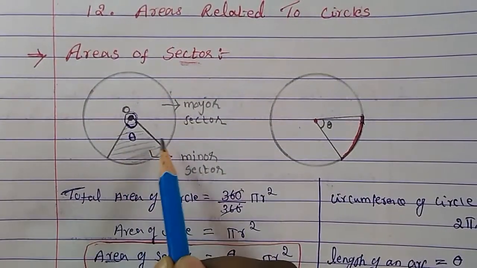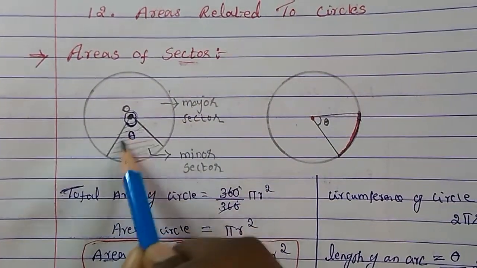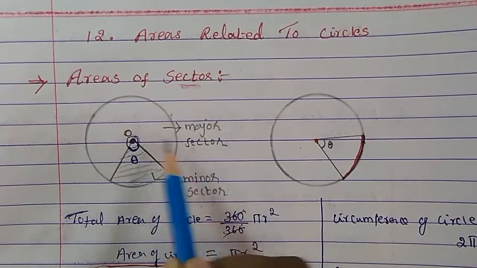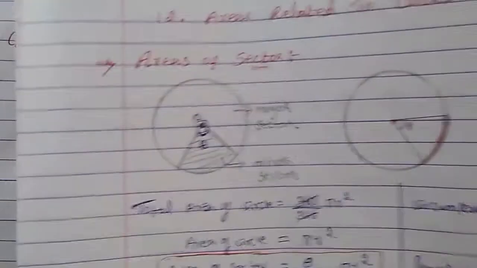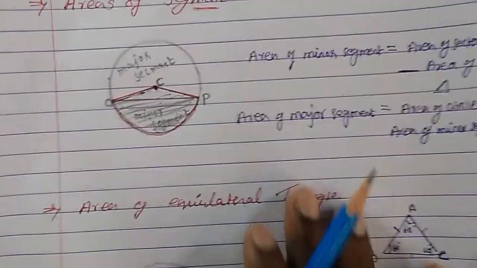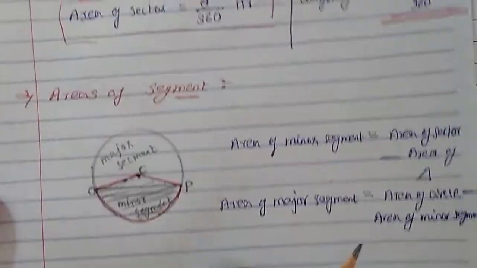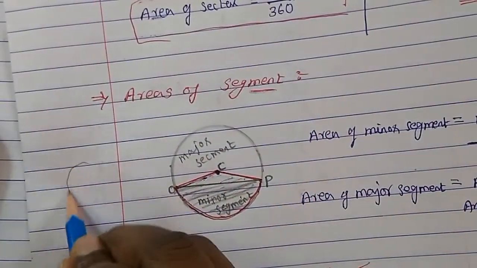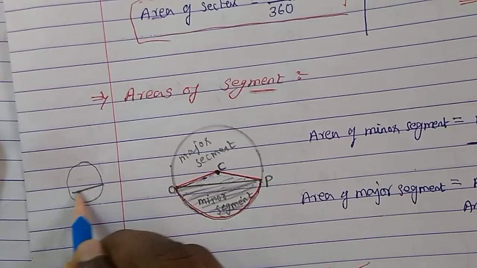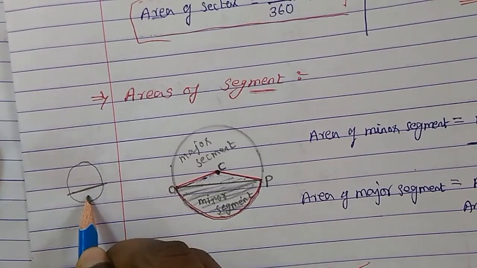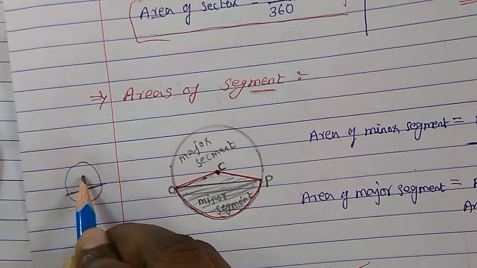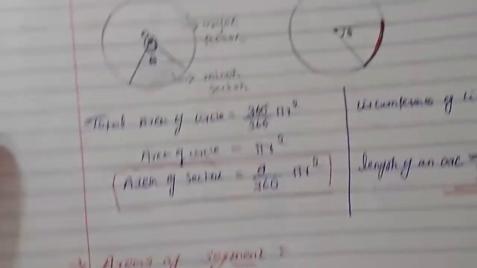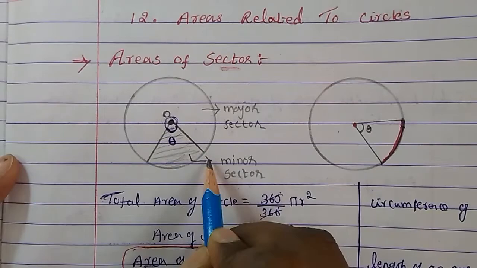Sector means when two radius is there, the small piece is called minor sector and the bigger part is called major sector. And segment I told you, segment means made up of a chord. If this is a circle, then when a chord is there, this part is called minor segment and this part is called major segment. So segment means made up of chord and sector means made up of two radius.